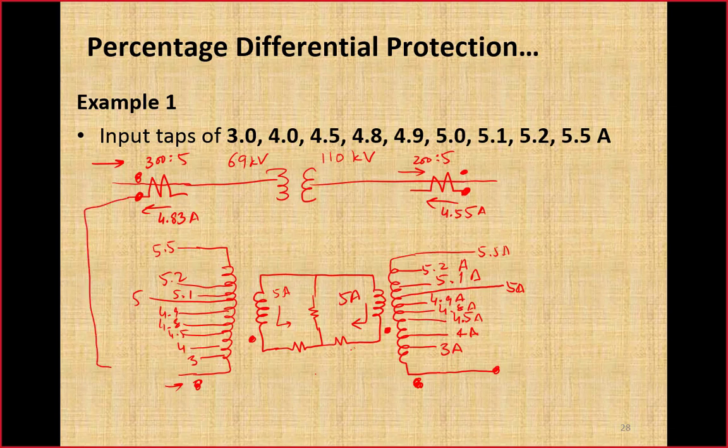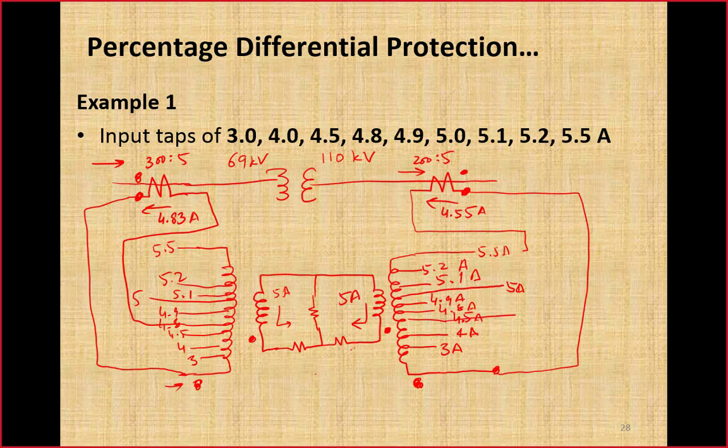Here this current over here and the 4.8 tap, this would be connected to this point. Now closest to 4.55, this dotted end would be connected over here and this non-dotted end to 4.5. So this is the 4.5 tap, closest to that.